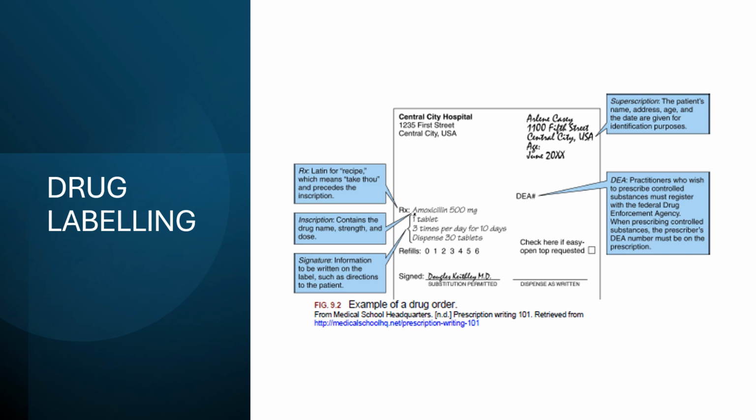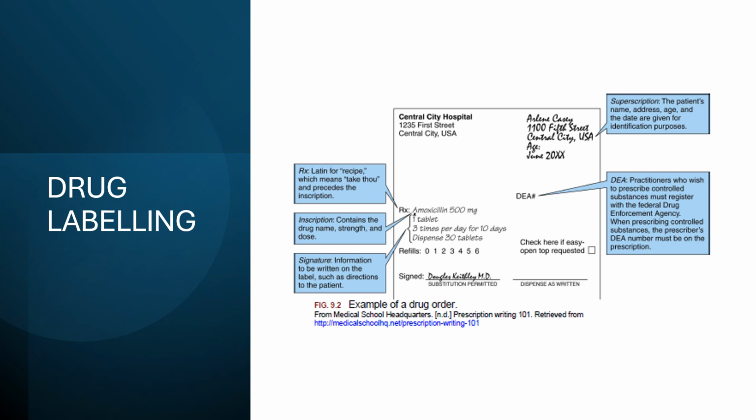The components of a drug order are as follows, as seen here in the figure. Patient's name and birth date, date the order is written, provider signature or name if an electronic order is given, signature of licensed staff who took the order through telephone or verbal if applicable.